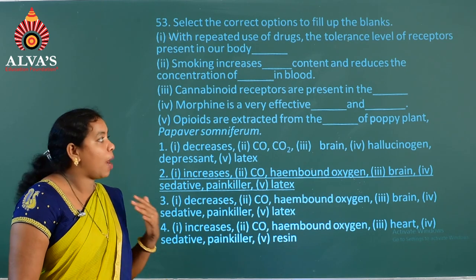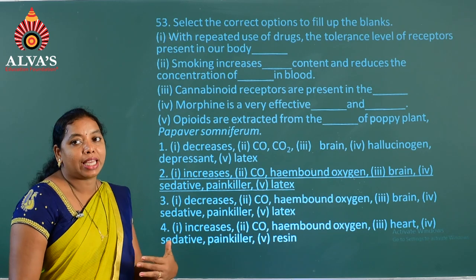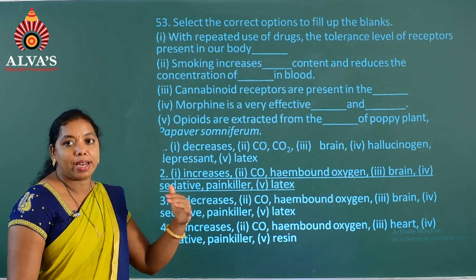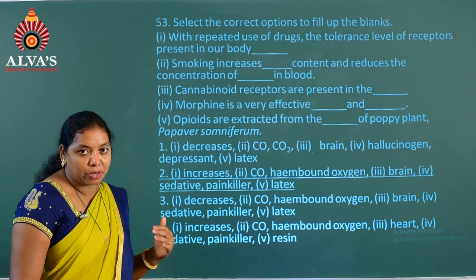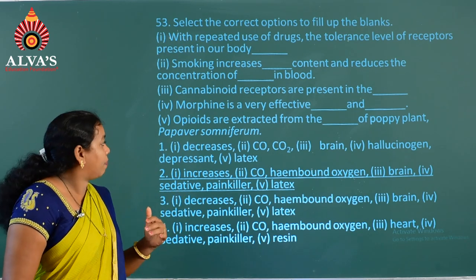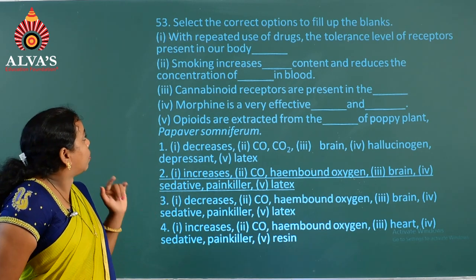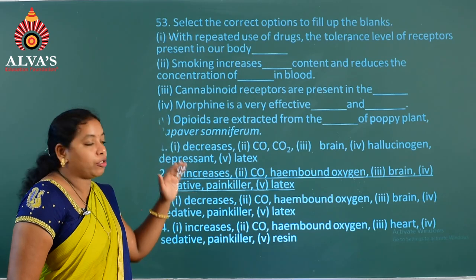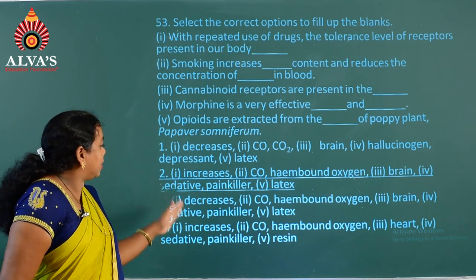Cannabinoid receptors are present in the dash. Morphine is a very effective dash and dash. Opioids are extracted from the dash of the poppy plant, Papaver somniferum. So here the options are given below. We will see the right option among these.